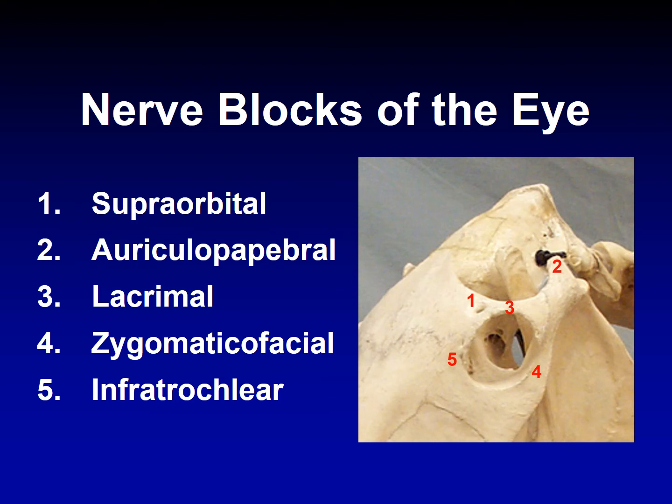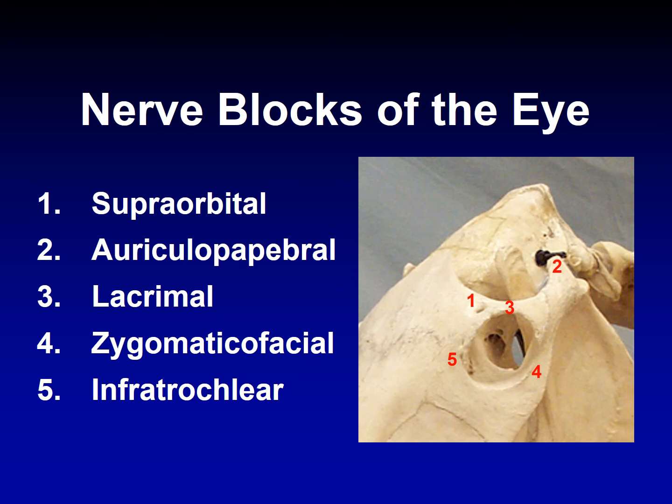These are the 5 nerve blocks again. Supraorbital is number 1. Auriculopalpebral is number 2. Lacrimal is number 3. Zygomaticofacial is number 4. Infratrochlear is number 5.